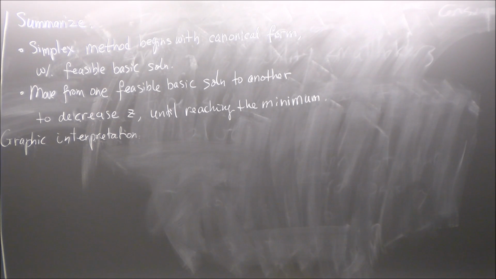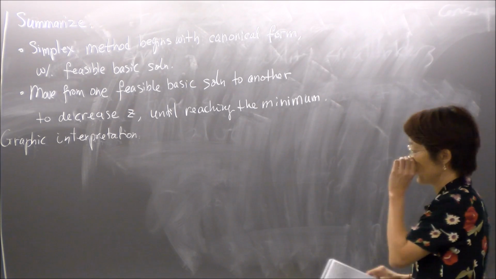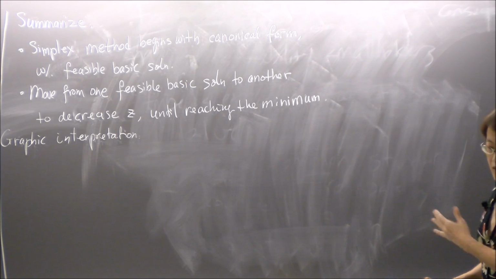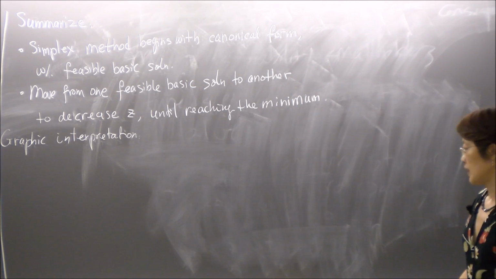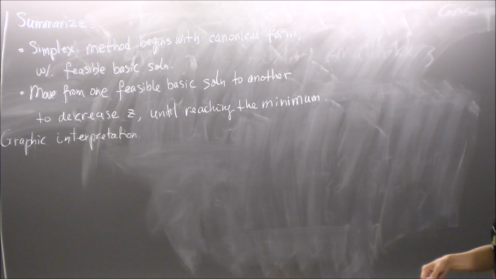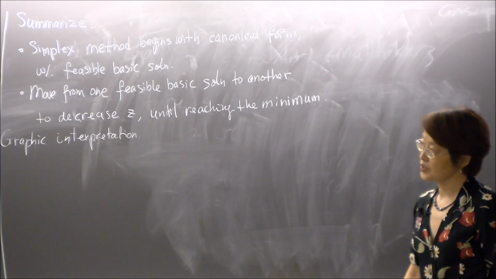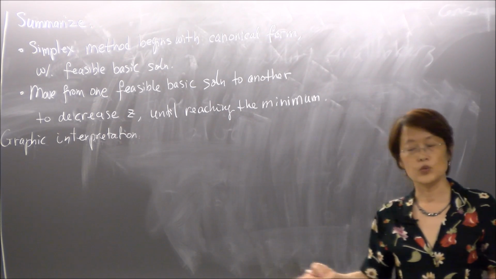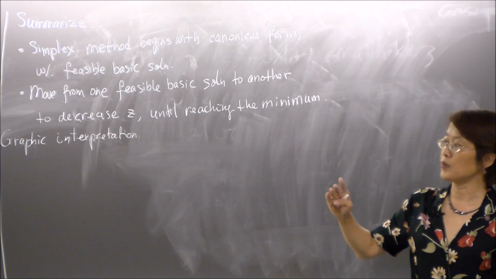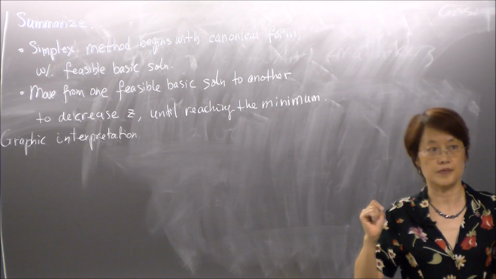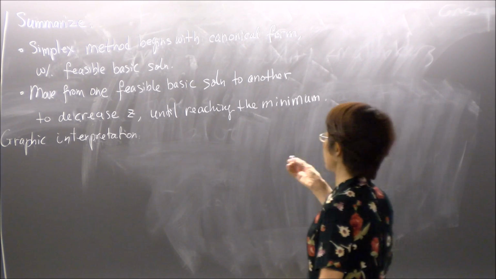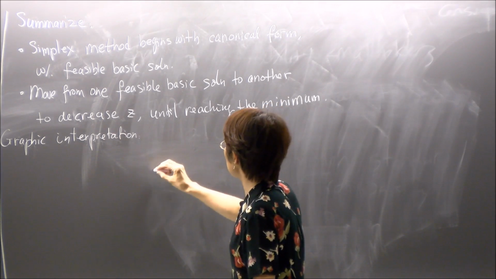So let's say the feasible region, I can represent it in a two-dimensional space, as we talked about earlier when we drew the feasible region for a problem with two variables. Because the constraints are always linear, our feasible region will have boundaries of straight lines. So it's a polygonal shaped region.